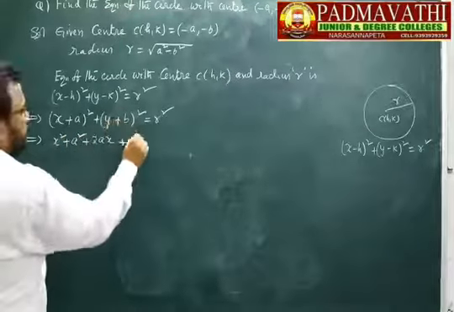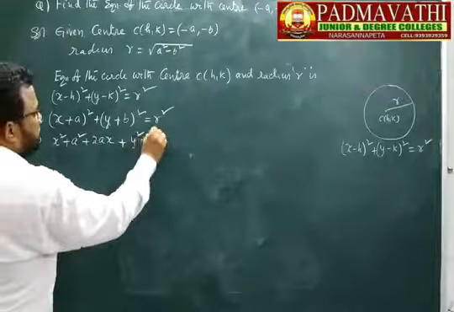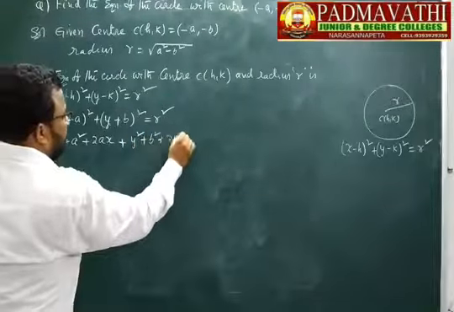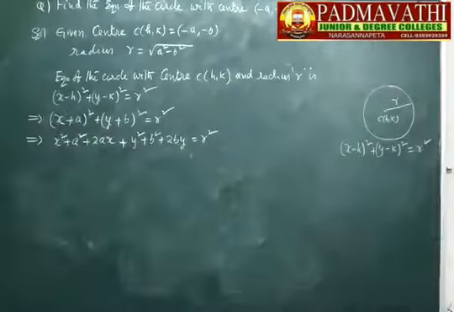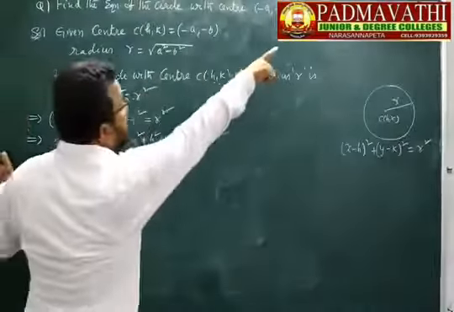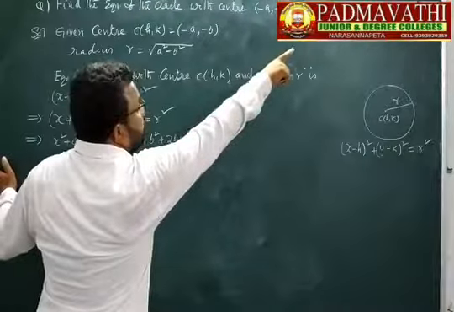x square plus y square plus 2ax plus 2by plus a square plus b square is equal to r square, where we know that r is root of a square minus b square.